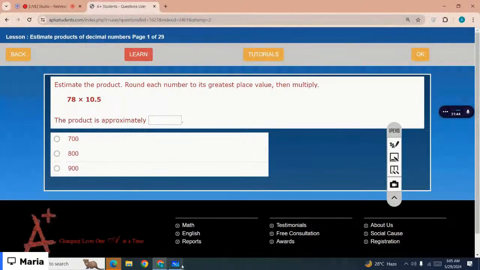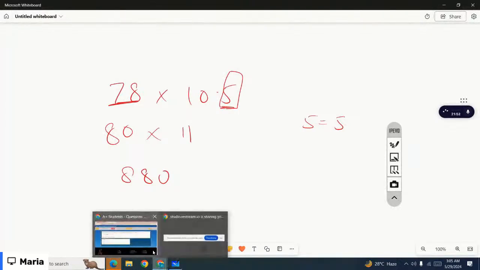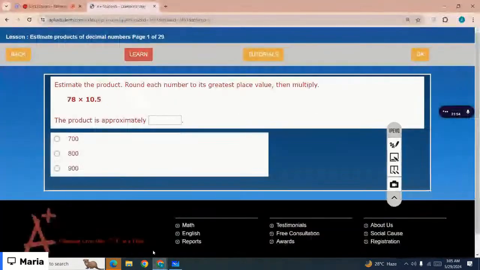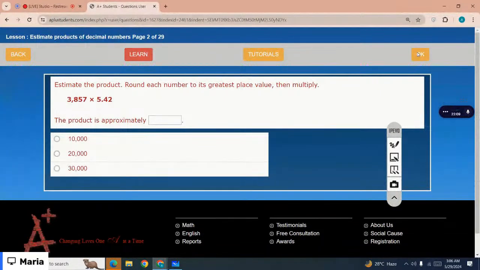Oh, how 880? That means they rounded off 10.5 to 10. So then that would be 800. That's the only thing. So you can round up or round down. So they rounded down, so that would be 10, and 10 times 8 is 80. So that is 800.